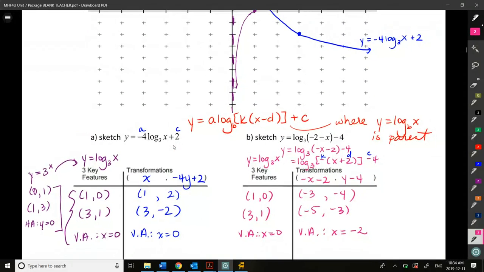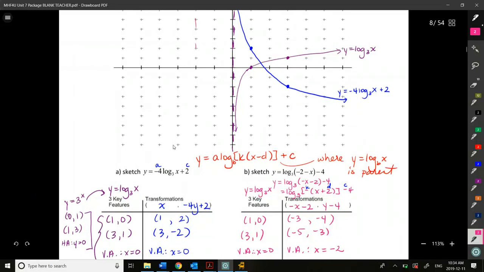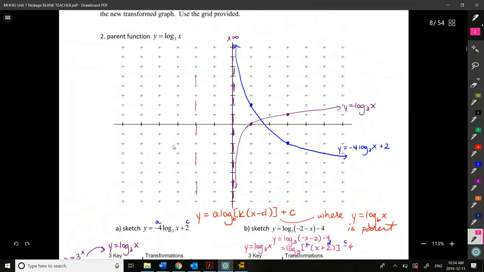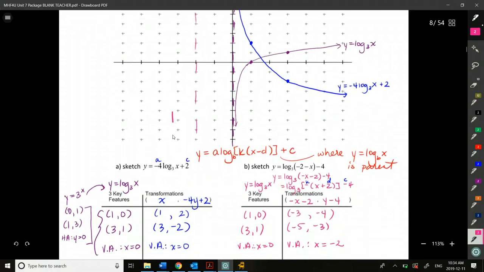Okay, so we're going to pencil in our vertical asymptote here at negative 2. And then you're going to graph your points here.